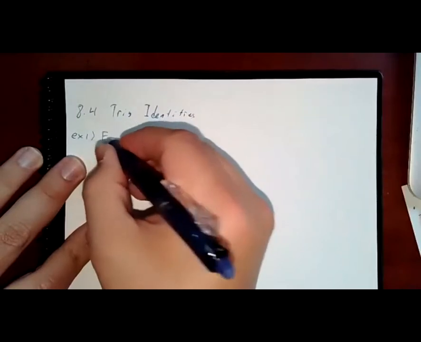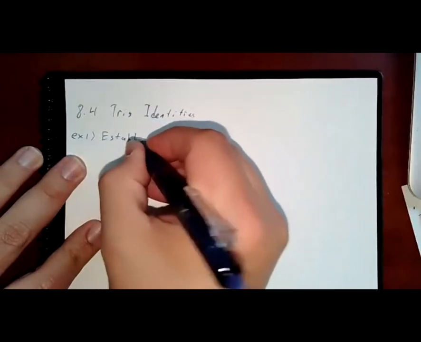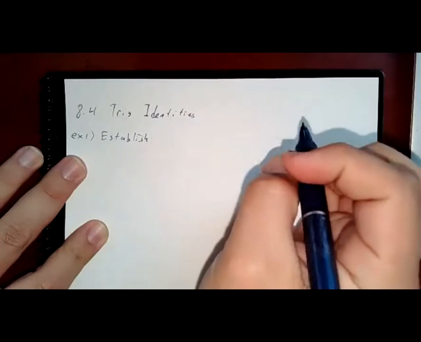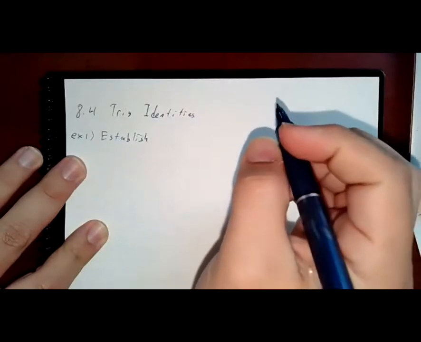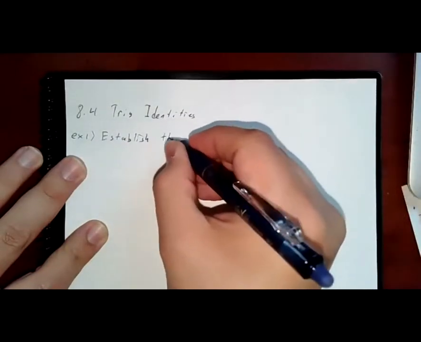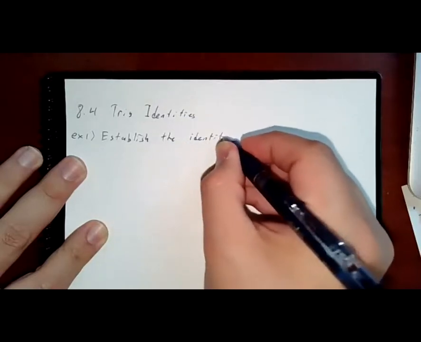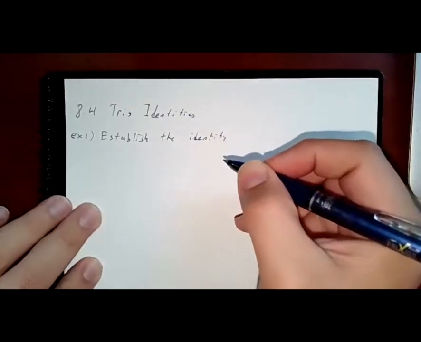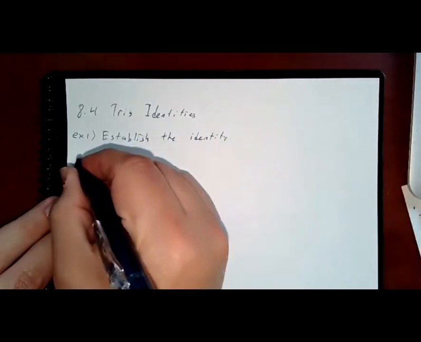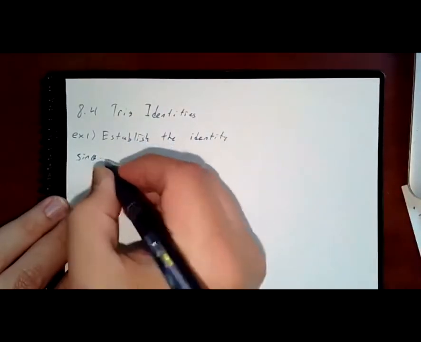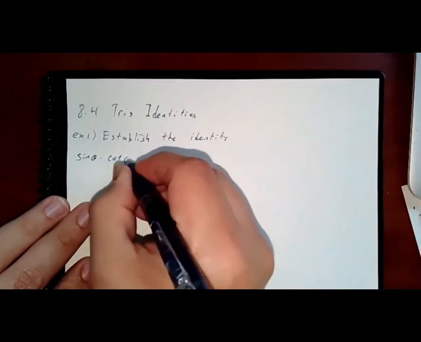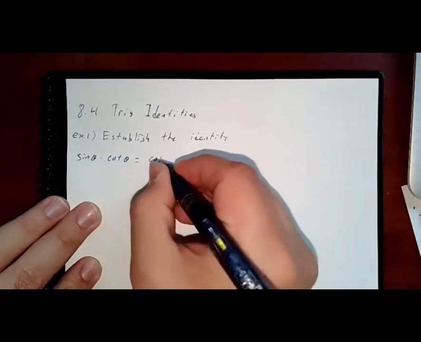All the questions in this section, and honestly the homework, it'll be better to do these on paper than in the program because you need to do every step. Sine theta times cotangent theta is equal to cosine theta.